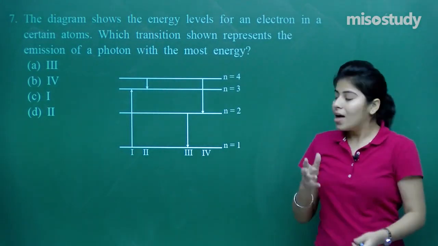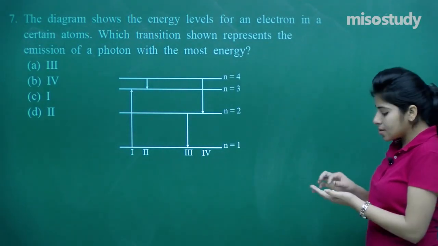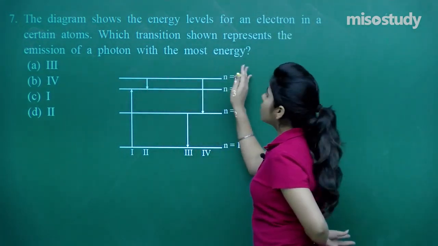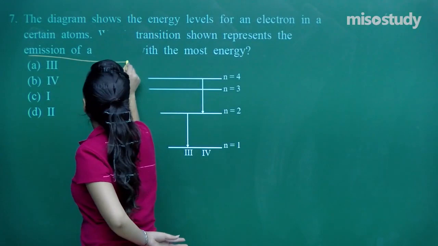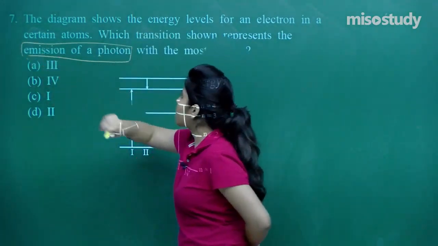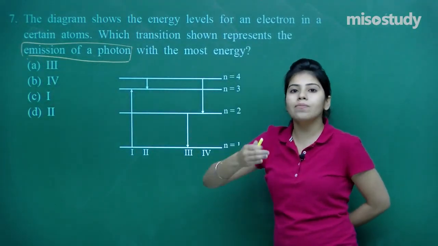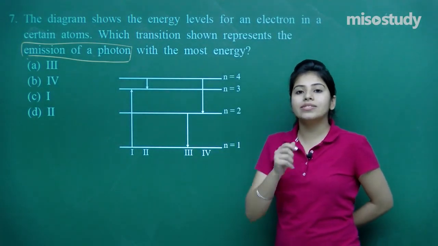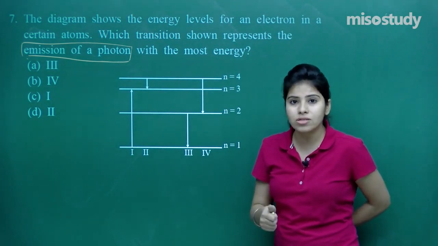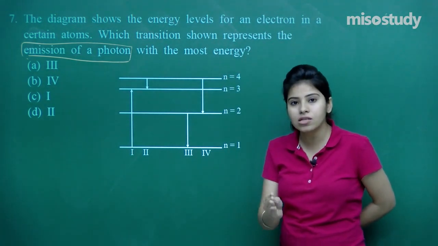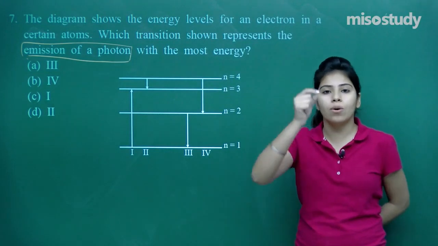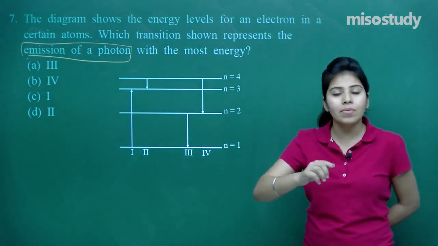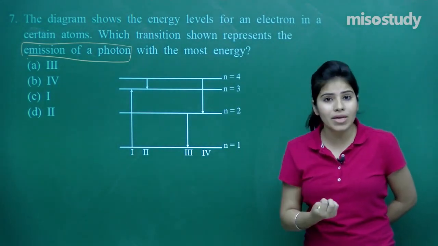This is a very simple question. If we are talking about the emission of a photon, that means you can directly ignore those options which show the electron going from a lower energy level to a higher energy level, because at that time the electron will be absorbing energy.